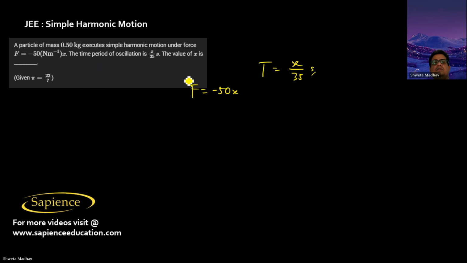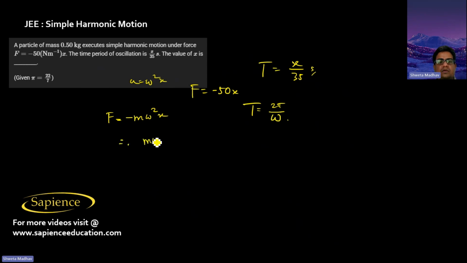So T, as you know, is equal to 2 pi by omega, and from here you can see that F is equal to minus m a, and acceleration is omega square x, which is minus m omega square x.